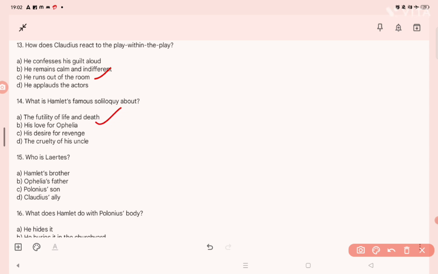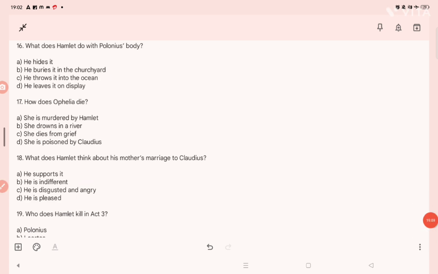Who is Laertes? Polonius' son. What does Hamlet do with Polonius' body?